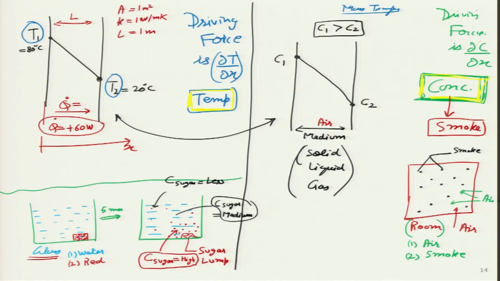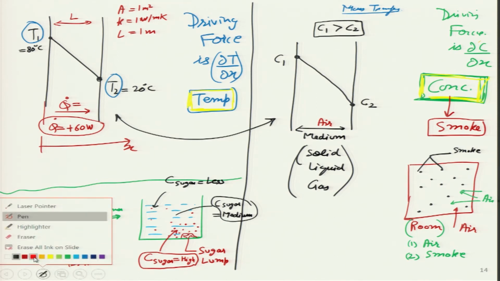Believe me, in this example, in the last 5 minutes, I have not stirred anything. I have just very carefully put 1 spoon of sugar into a stationary cup of water, and I am just waiting for 5 minutes. What is going to happen? A little bit of that sugar may reduce, which I can visibly see, and if I do some tasting tests by taking samples, then I can put some names over here.